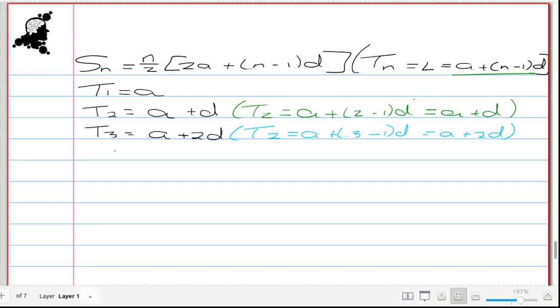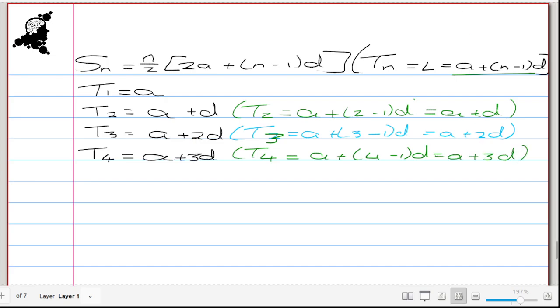To get T4, which is the fourth term, we add the common difference to the third term. So that's going to be a plus 2d plus d, which is going to give us a plus 3d. Once again, using the approach we used up here, T4 is going to be a plus, substitute n equals 4, and this is going to give you a plus 3d.